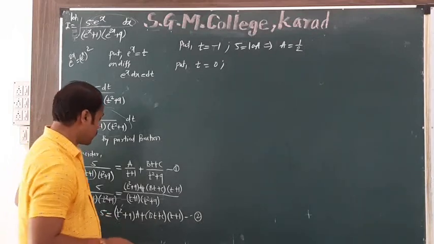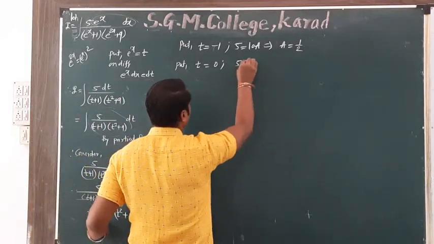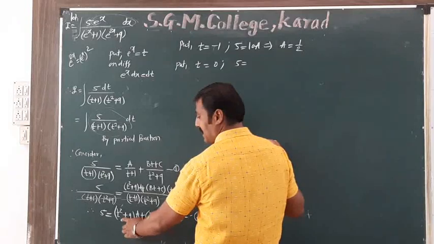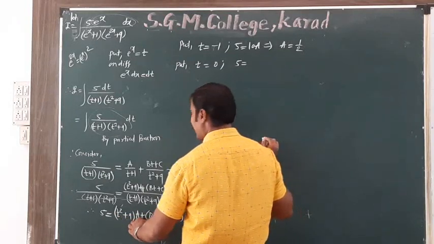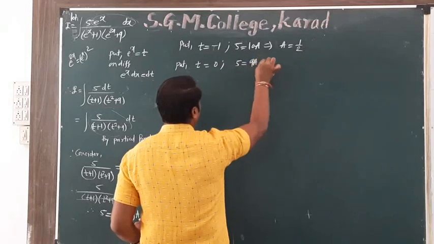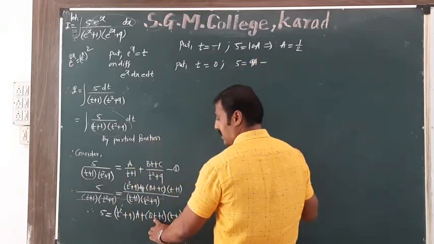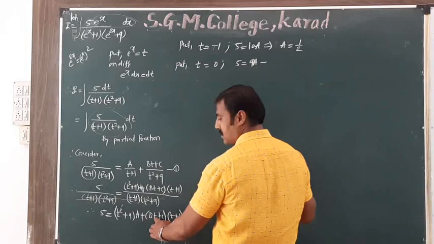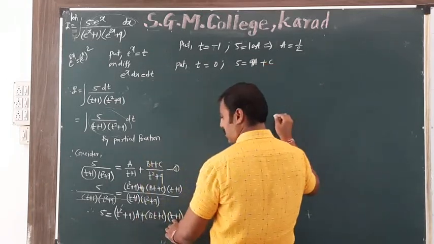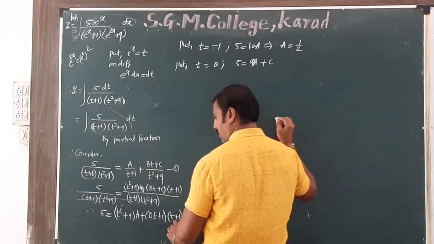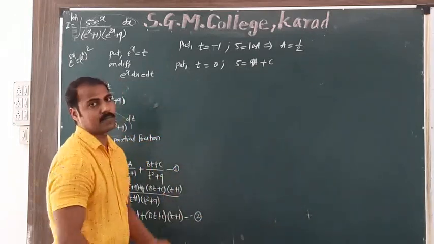So 5 is equal to 0 square plus 9, 9 into a is 9a, plus c into 1, which is c.